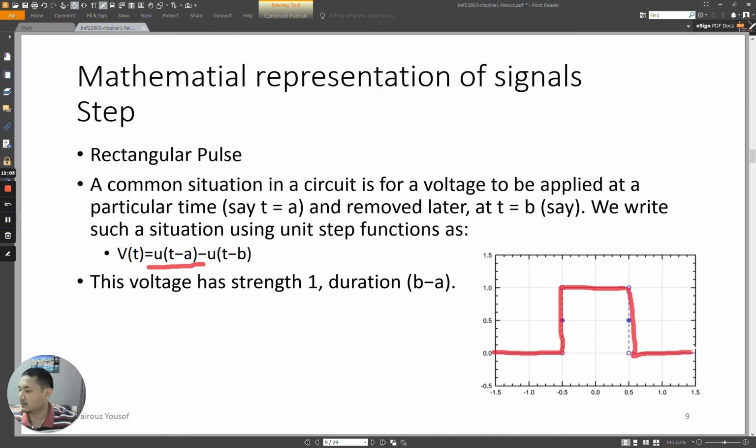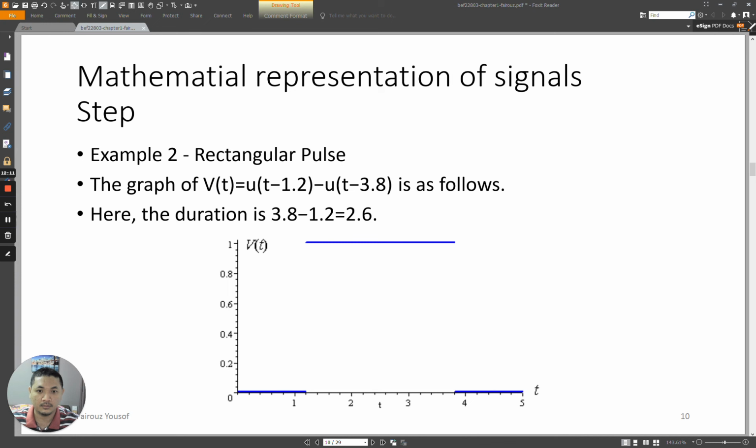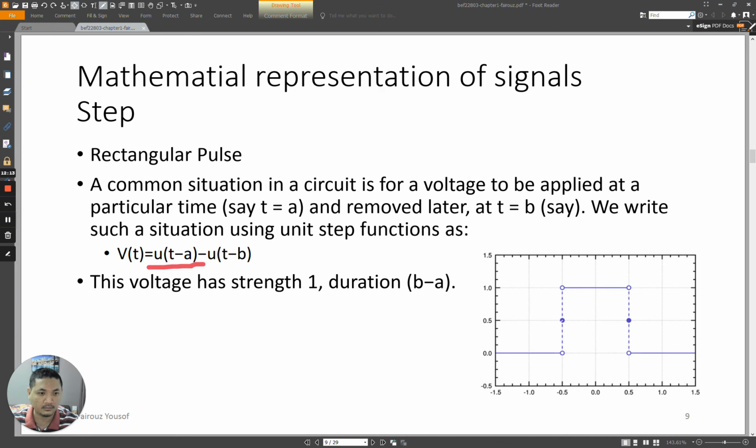Okay, I say will cause because u(t minus b) is not like that. Okay, I'll try to draw here. Okay, u(t minus a) is this, right? And then we have minus or negative u(t minus b).